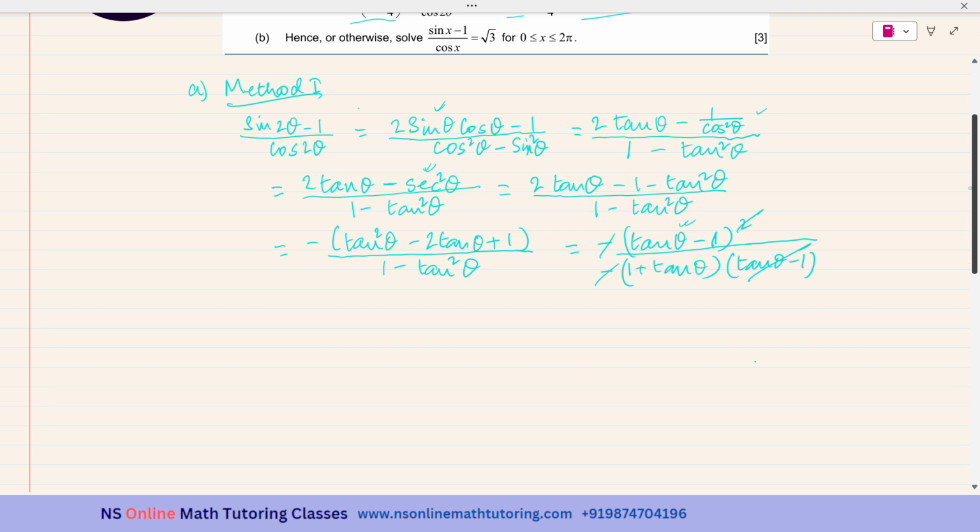So this is equal to tan theta minus 1 over, to maintain the symmetry, or I can write it as it is, 1 plus tan theta. Okay. So this is equal to tan theta, and what is 1? 1 can be written as tan pi by 4. Tan pi by 4 is 1.